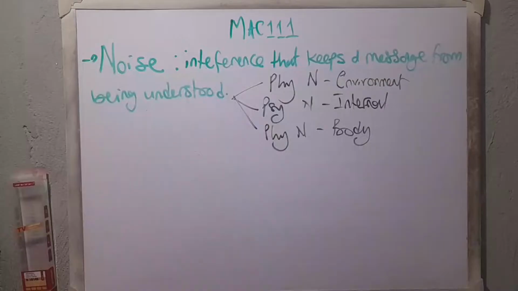The receiver needs to be able to interpret what you have encoded. They must be able to decode it. If you have not chosen the language, symbols or signs the receiver understands, then there's a problem, and this is where linguistic noise comes from.